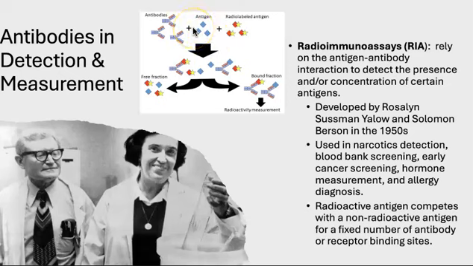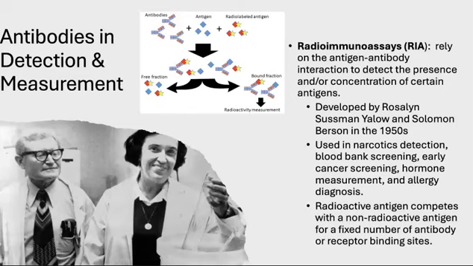This was developed by Rosalyn Sussman Yalow and Solomon Berson in the 1950s, and Yalow received a Nobel Prize, which made her the second woman that was awarded the prize for medicine. So we now use this system in narcotics detection, blood bank screenings, early cancer screenings, hormone measurement, and allergy diagnosis.